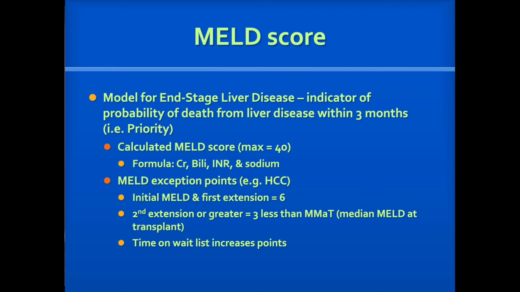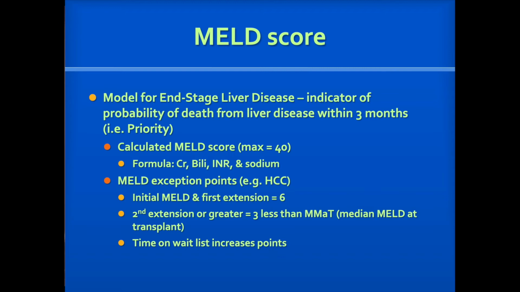The MELD exception points are assigned for various other conditions that increase your eligibility for a liver transplant. For example, hepatocellular carcinoma is one of these conditions that will increase your priority for liver transplant potentially if you meet certain criteria. If you meet the criteria, you'll be assigned a MELD score of 6.